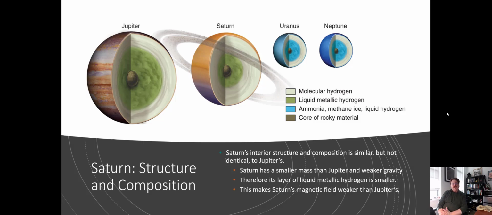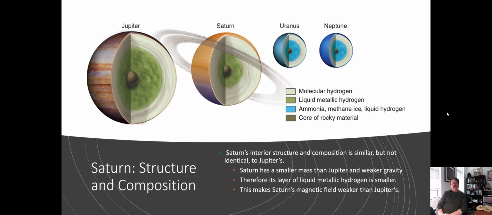Now, the structure of Saturn is very similar to that of Jupiter, but because the mass is slightly less, some of the regions are a little bit smaller. Generally speaking, you have an upper atmosphere that is banded due to the shearing of winds from left to right and right to left.